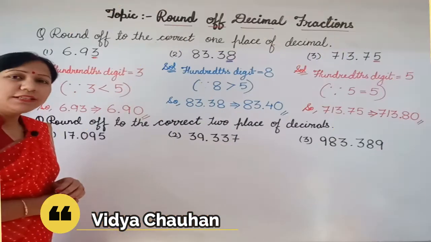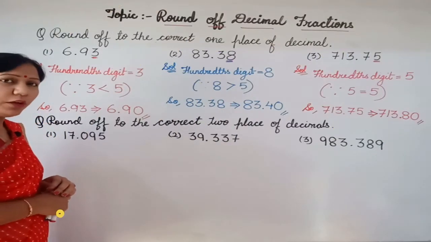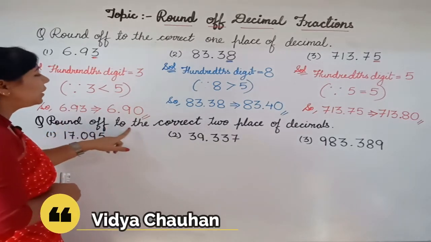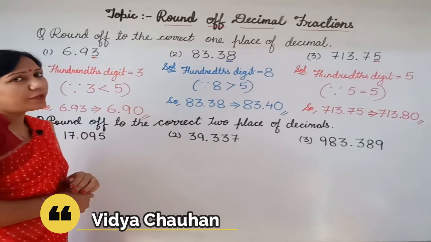Now let us take some examples from your book exercise for better understanding of rounding off to correct 2 decimal place values. You have to round off to the correct 2 places of decimal.